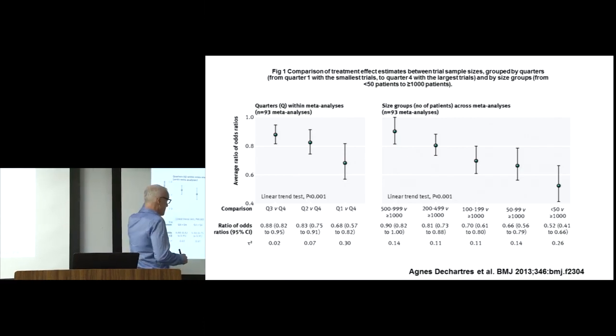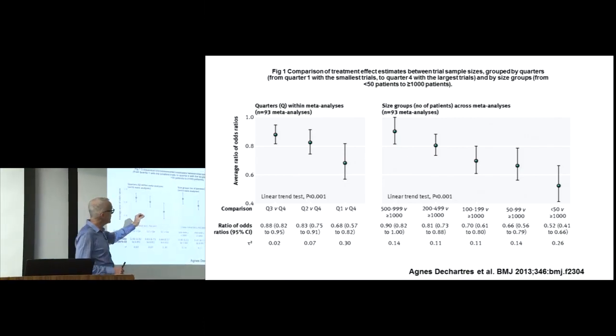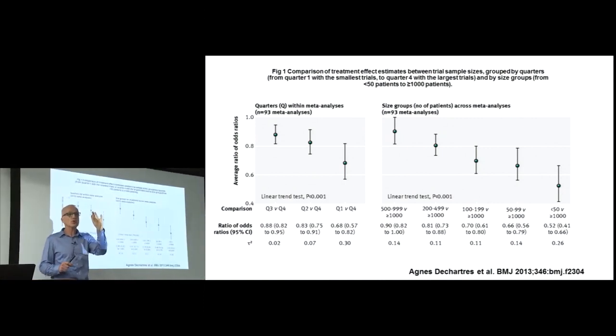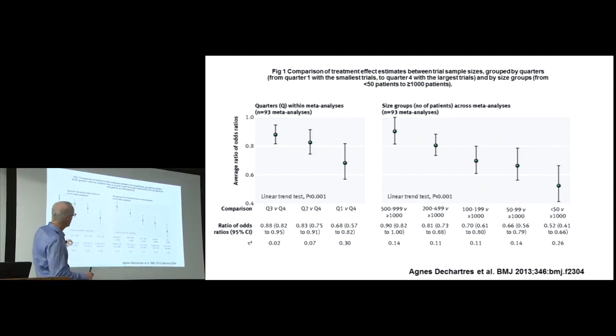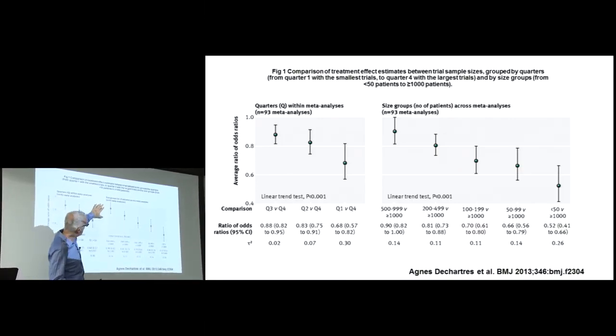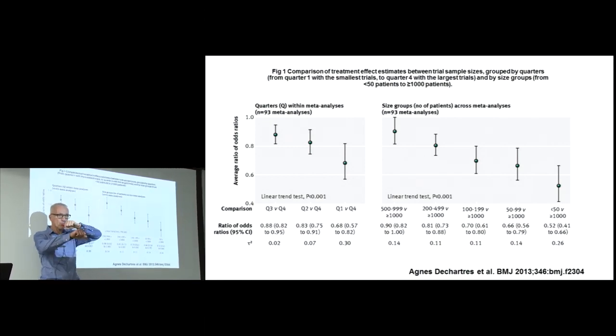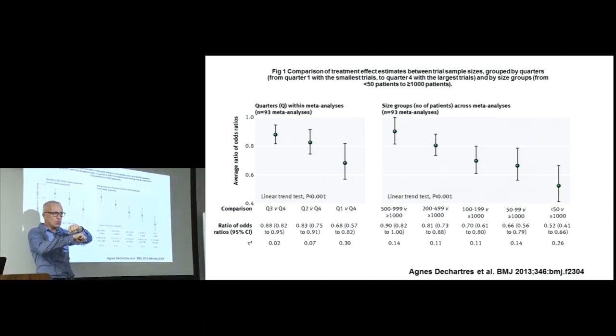But we see this, and it's been well documented in the medical literature, that small trials greatly overestimate the effects of treatments. This is a study where you compare the results. The outcome measure is the ratio of the risk ratio in the small trials versus the risk ratio in the big trials.